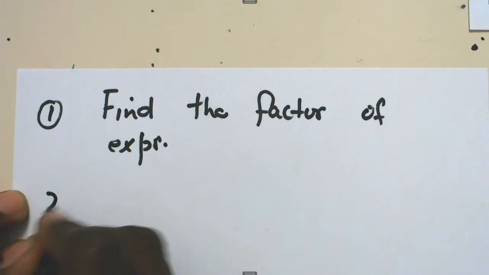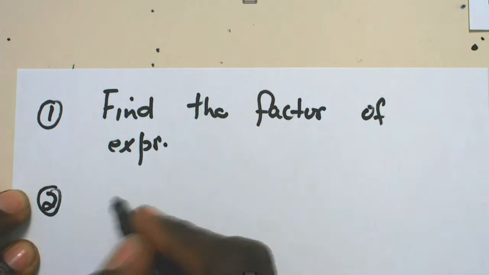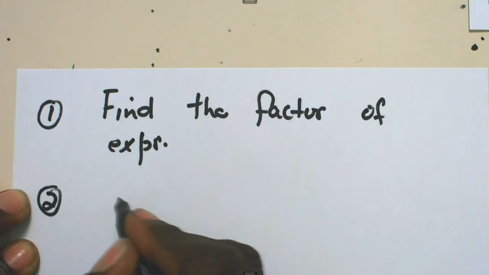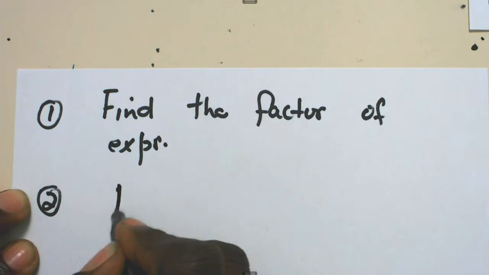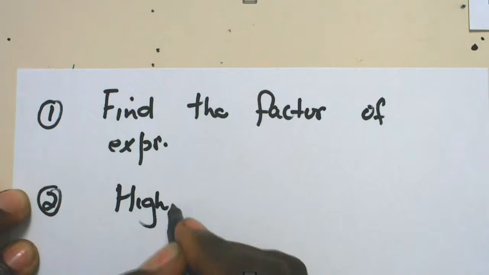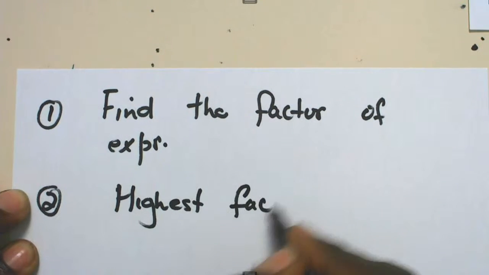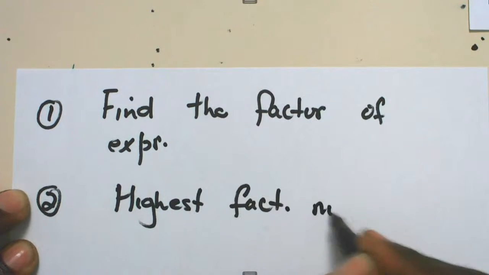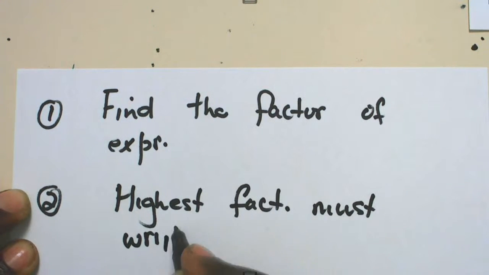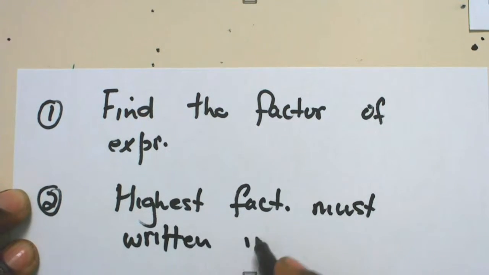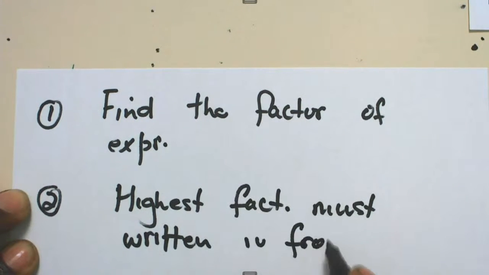The second step, after finding the factors, is that the highest common factor must be written in front of the bracket.